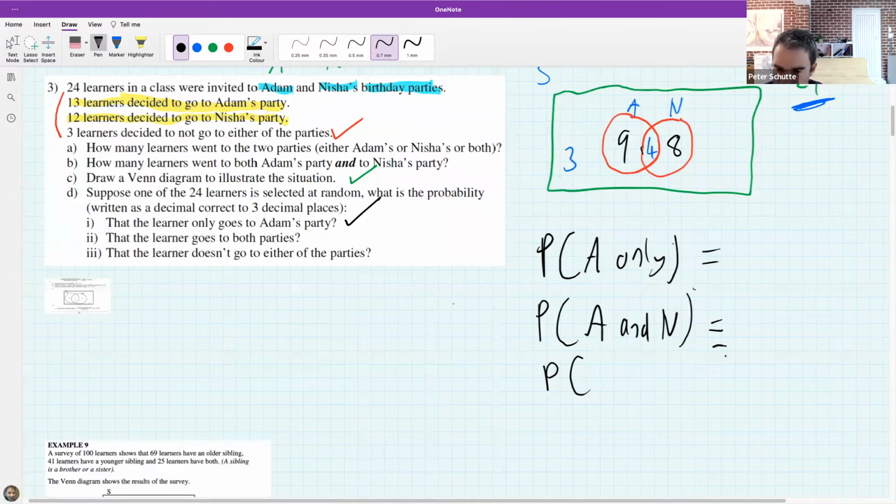Okay, you can start working on those. So it would be, I'll just say not either for now, or using fancy notation, it would be A or N complement.